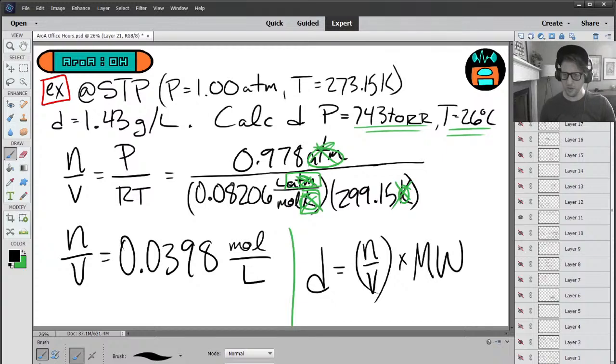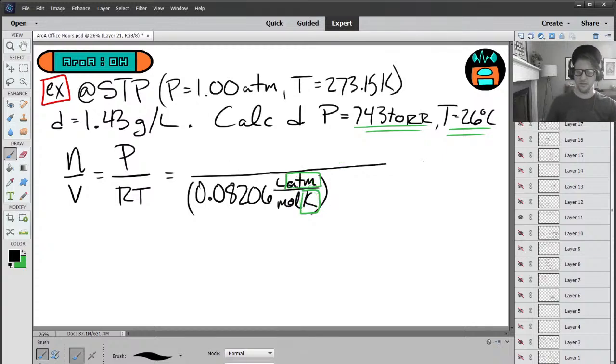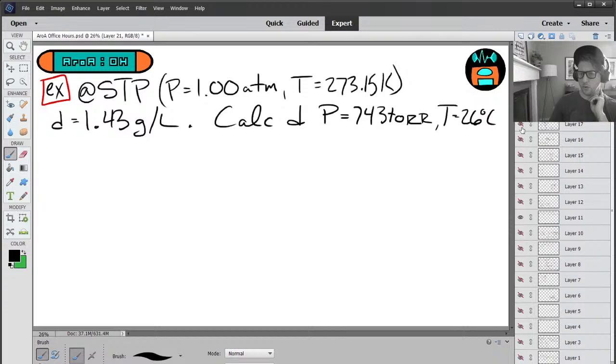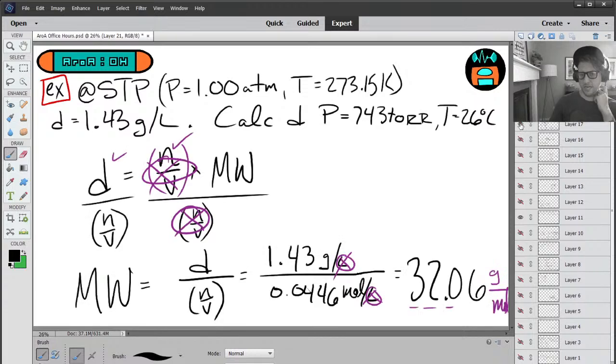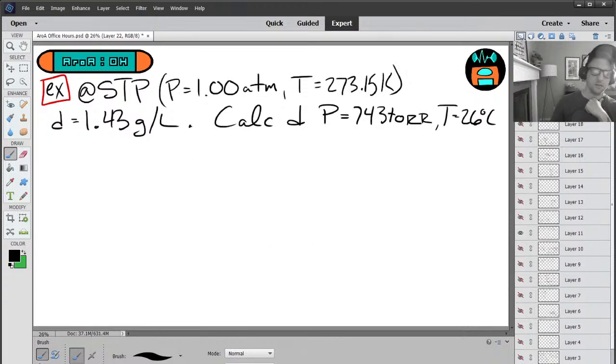Which I believe our molecular weight was 32.1. Yeah. So density is equal to our mole to volume ratio times molecular weight.